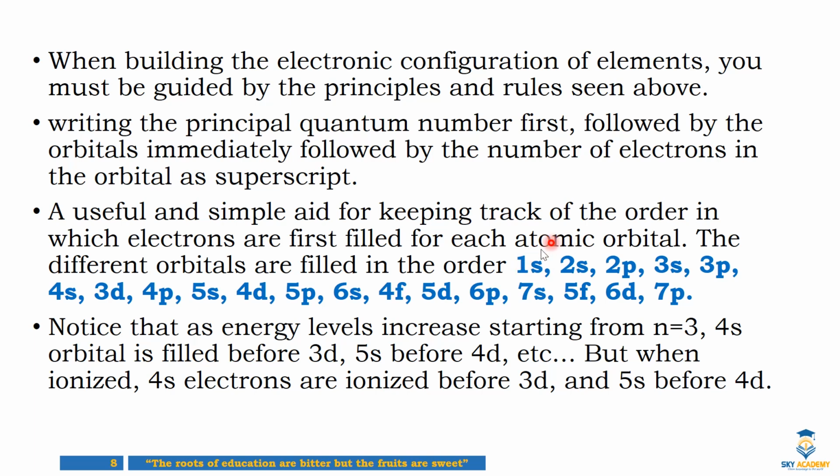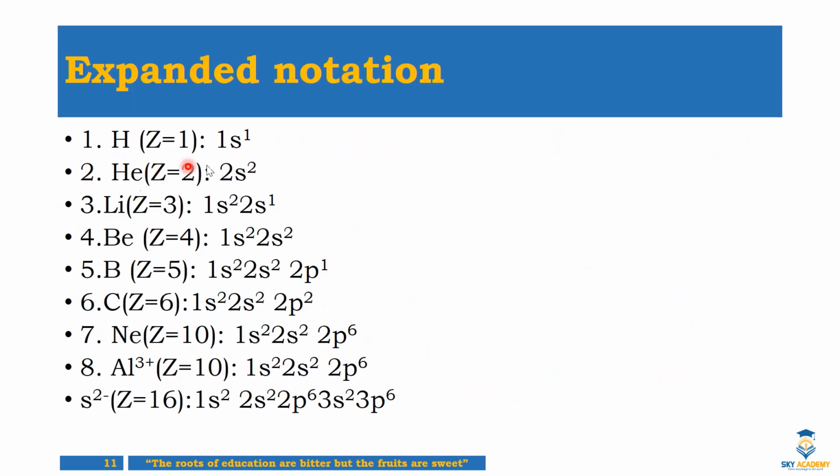If you have lithium, which has 3 electrons, we jump to another orbital, 2s, then you put 1. I have 2 here and 1 here, then there are 3. Then, for example, if you have carbon, also we follow the order. So helium 2 electrons, 2s2.